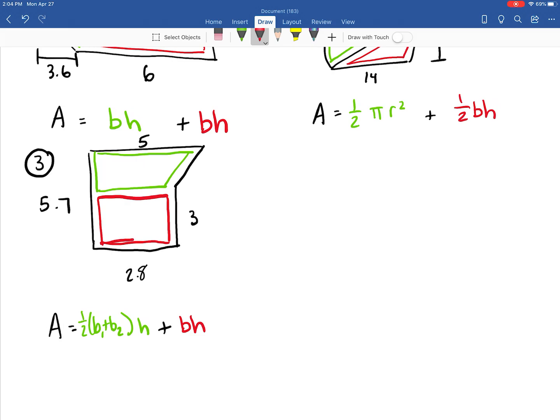Looking here, I have the base and the height for the rectangle. If I look at my trapezoid, I have one of the bases. I actually know what the other base is because it's going to be 2.8 as well, since my bottom figure is a rectangle. But I'm going to need my height.